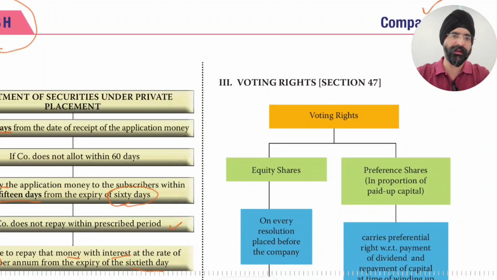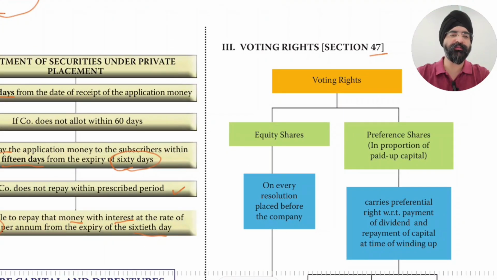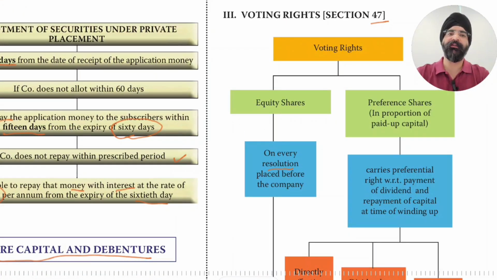Next is voting rights, section 47. Section 47 provides how voting rights are given to equity shareholders and preference shareholders, in proportion to paid up capital. On every resolution placed before the company, equity shares carry voting rights.